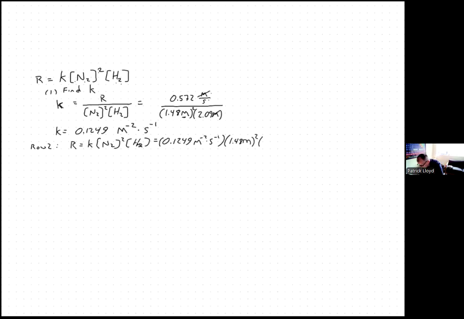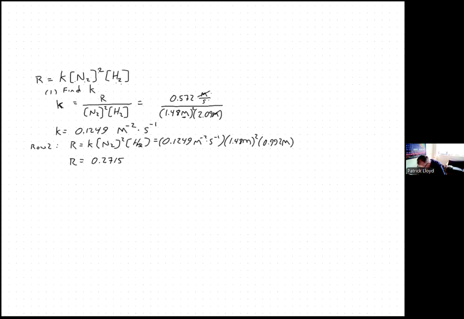And for the H2, it's 0.992. And so for row 2, if we just plug all those numbers in, you get 0.2715. And then what are the units going to be? Well, it's the rate. So it really should be molarity per second. And let's see if that checks out.